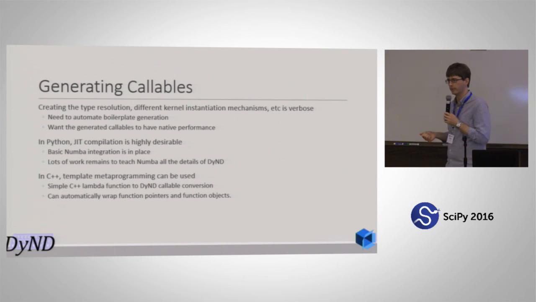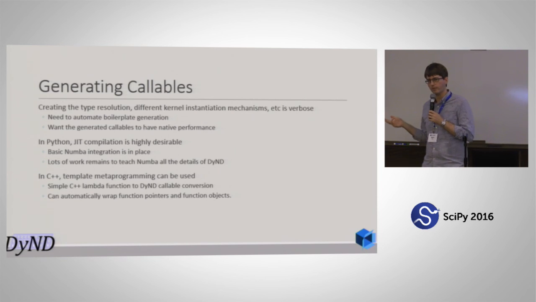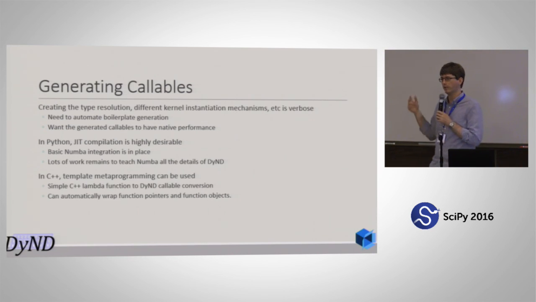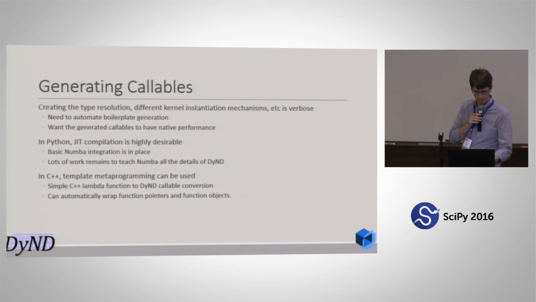There's more work to be done to teach Numba about all those details of the type resolution and everything, and have both ways work well. In C++, template metaprogramming works quite well for this. You can make a one-liner that generates a callable and generates all that boilerplate, using some template argument extraction, and gives you back a callable object. It's really quite nice.